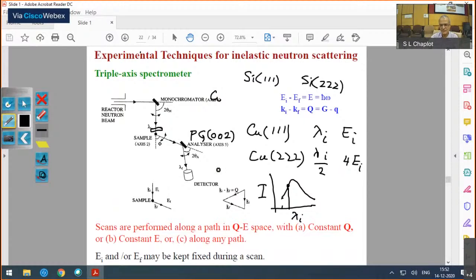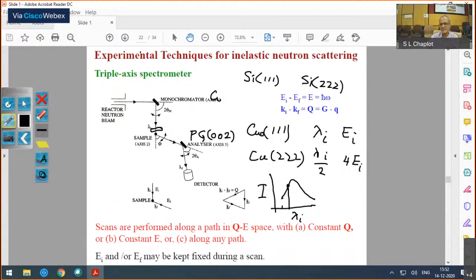So these are some of the things that we have to be aware of when we are measuring phonons, because it should not happen that we are looking at a false signal, not coming from the kind of phonon that we are looking for, but because of these instrumental issues. There's also a much less worrying situation where you might have a multi-Bragg reflection.